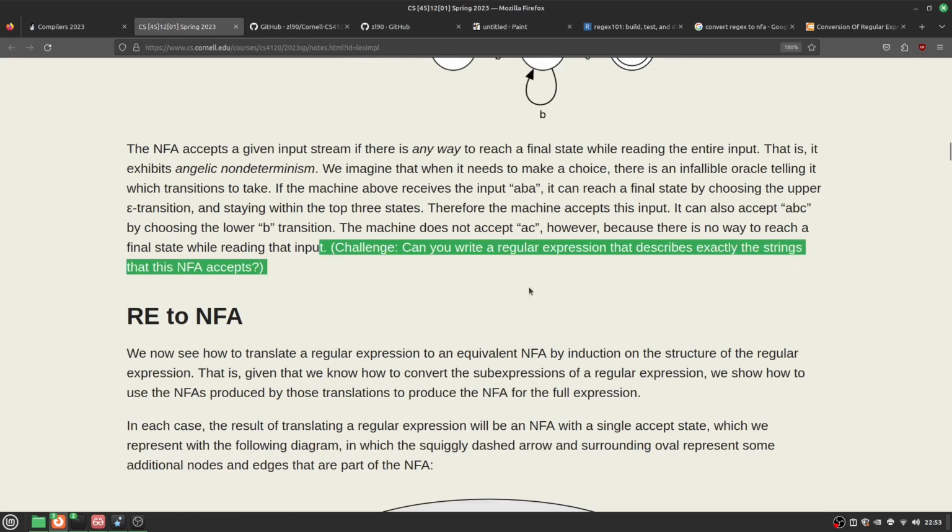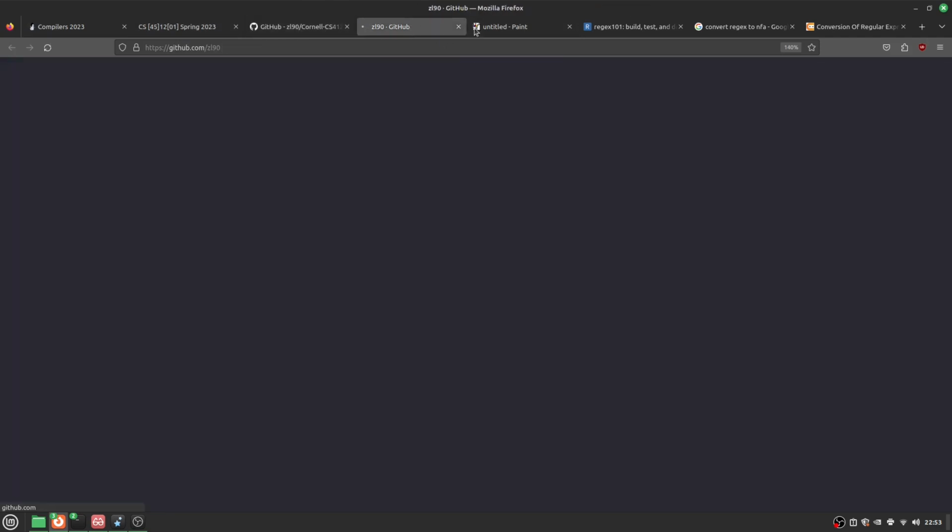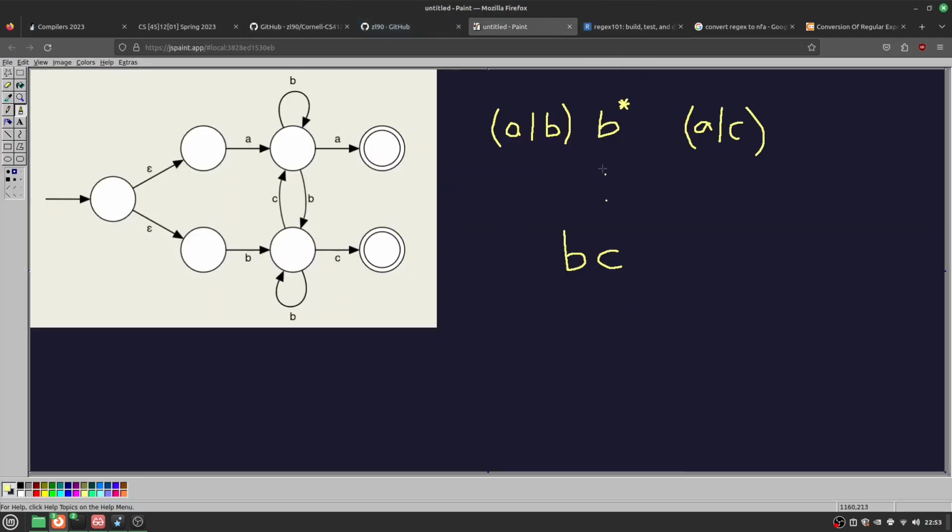Can you write exactly the strings that the NFA accepts? It does accept C, but only after B. Something like C question mark, I think. Let's try that again.